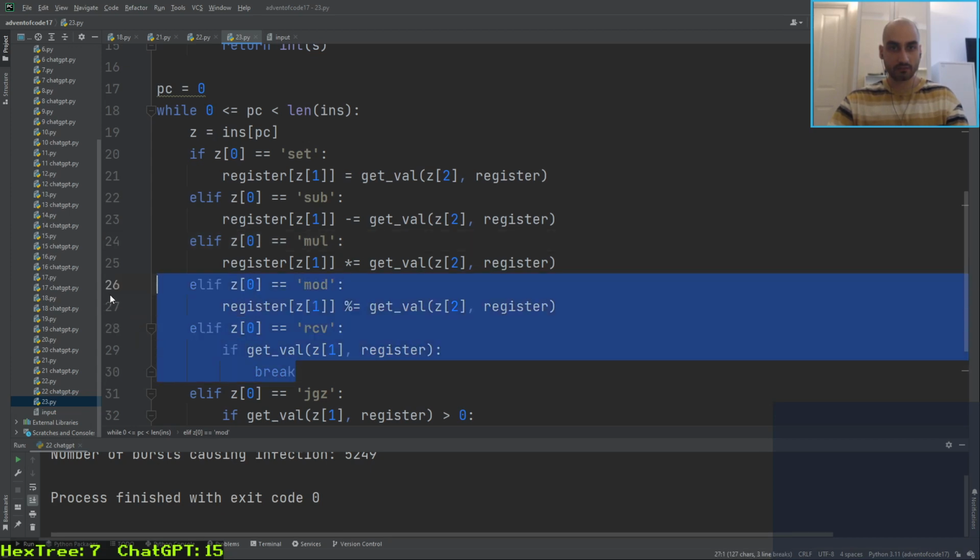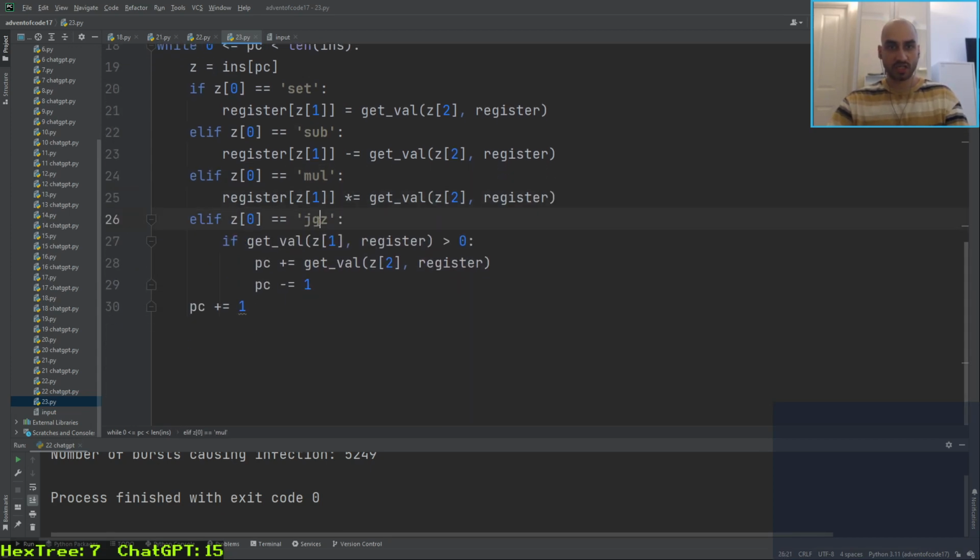So these two we get rid of. JNZ: jump value Y if X is not 0. So that needs to be not equal to 0. And that's an N, but otherwise it's basically the same.